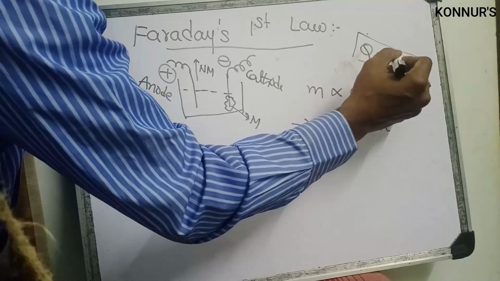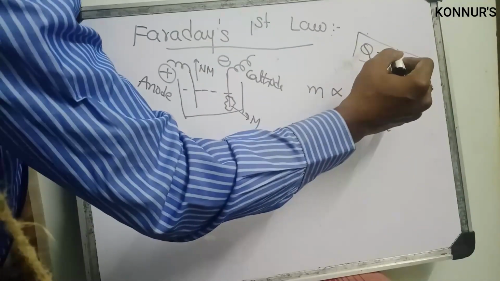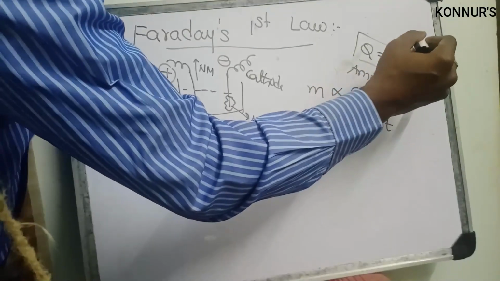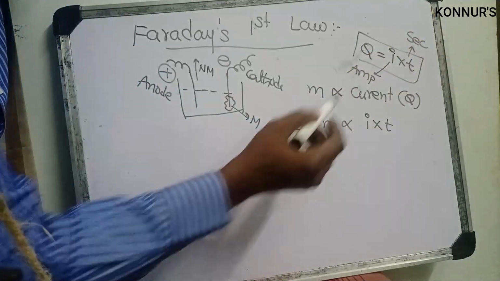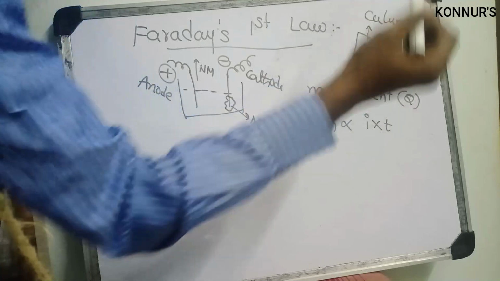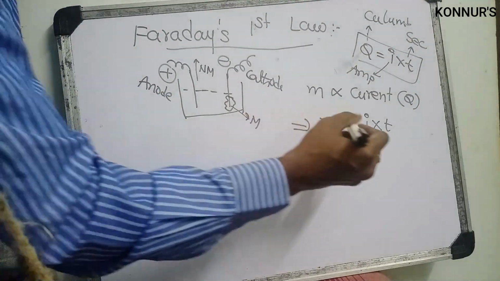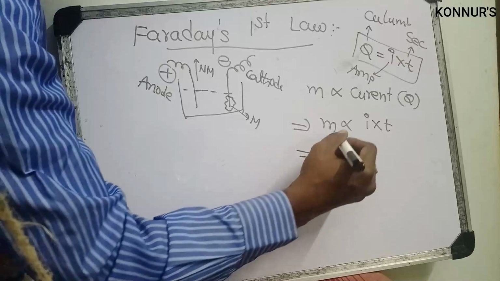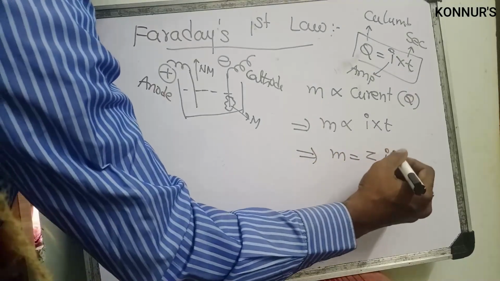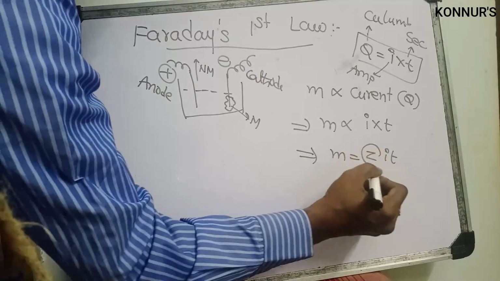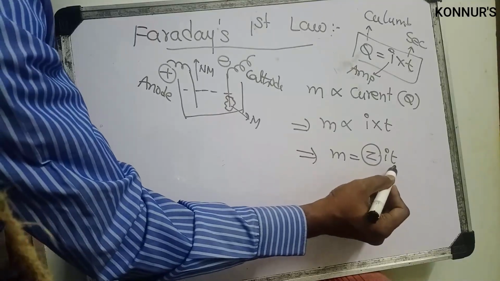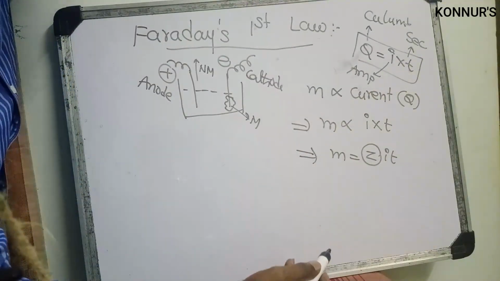See, I is in amperes, T is time in seconds. So the ampere second you call a coulomb. So here, the proportionality constant you introduce. M equal to Z into IT. So how to find the Z value? Suppose we are sending 1 ampere current in 1 second, nothing but 1 coulomb current.